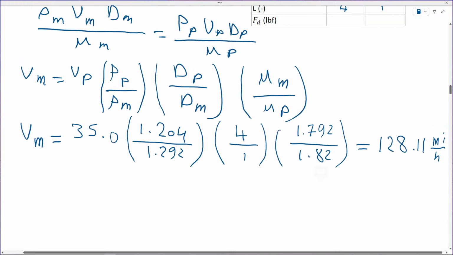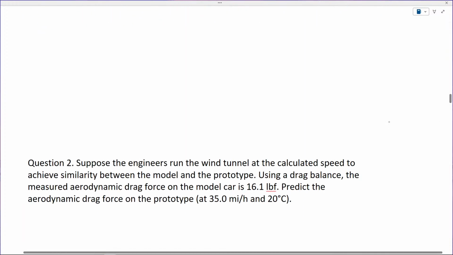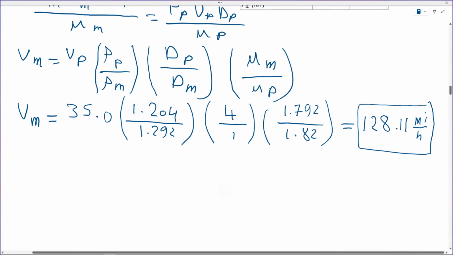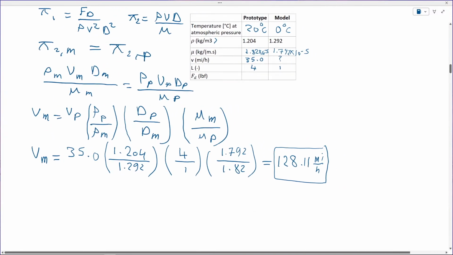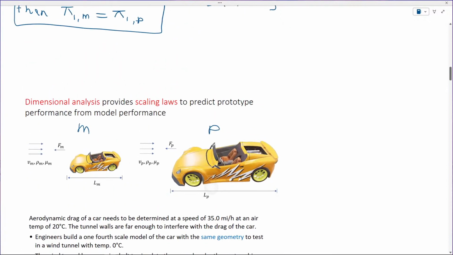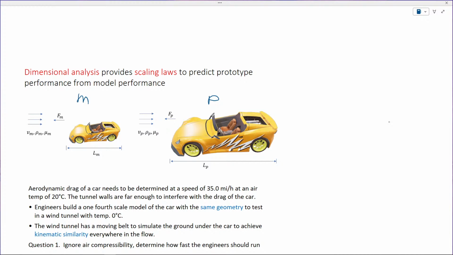Okay. So remember, that's important: in order to achieve dynamic similarity, we need to achieve geometric similarity and kinematic similarity. Geometric similarity we achieve by having the geometry of our model similar to the geometry of the prototype.